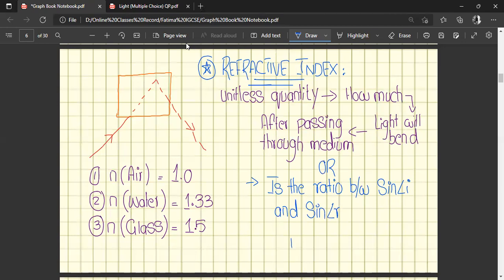So the formula will be like this. Small n is used for refractive index, representing the refractive index of any material.